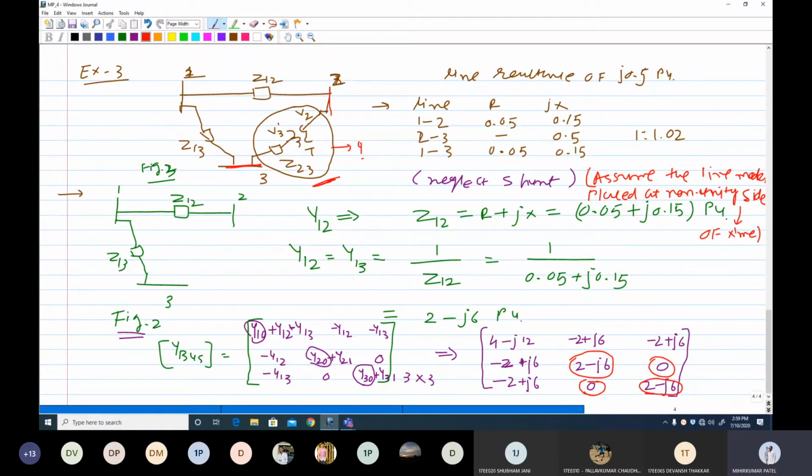It is given in every example, or in most cases, that the pi model is placed at the non-unity side of the transformer. So in this example, which one is the non-unity side? Bus number 2 or 3?